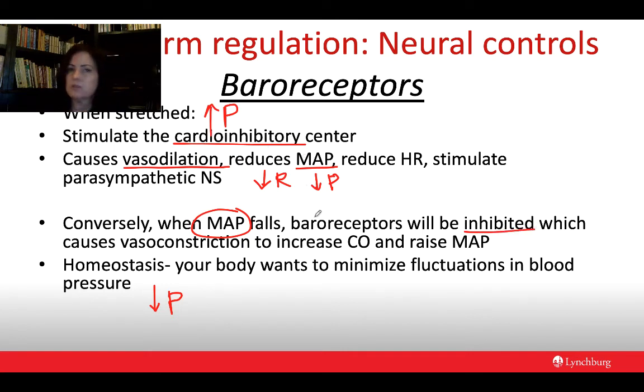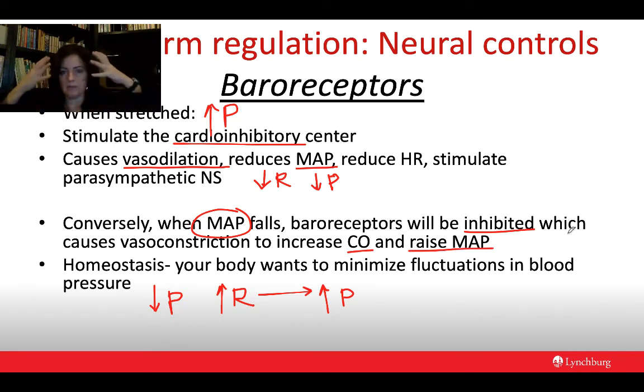So if they're not being stretched, they're being inhibited. That's going to result in pervasive vasoconstriction, which is going to increase resistance and cause an increase in pressure, right? That vasoconstriction is going to increase cardiac output and then further increase our blood pressure so that we can get blood back up to our brain.